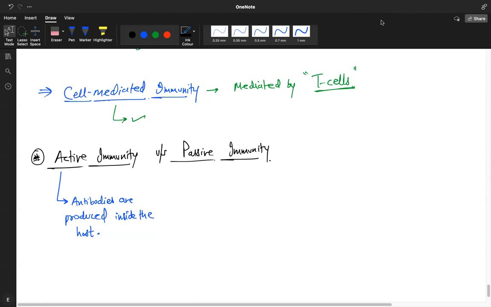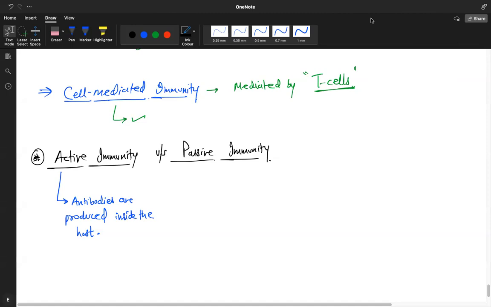Everyone understands? Whatever amount of time our body wants to take, it can take that. Why can it take that? Because the virus or the bacteria or the pathogen is weak. It's dead. So it's just an empty shell, an empty coat. But we can still recognize the virus and take the time to make antibodies against it.